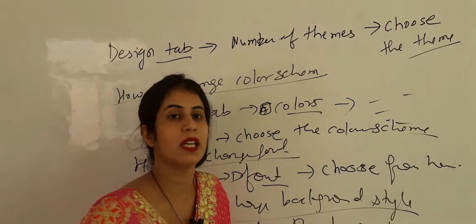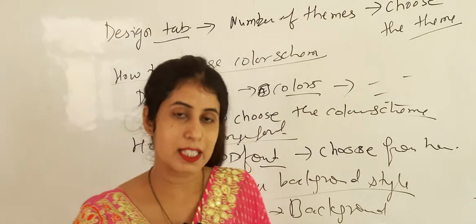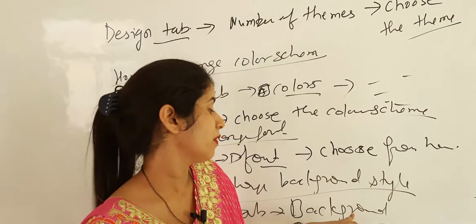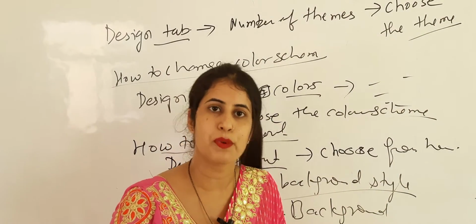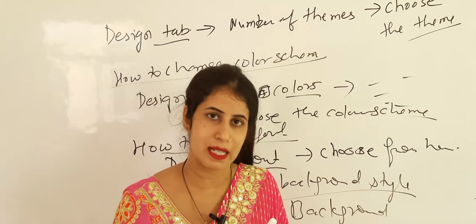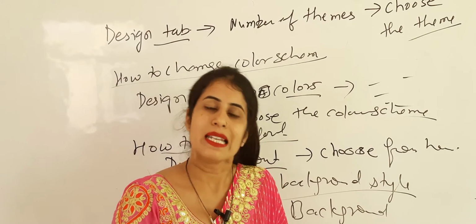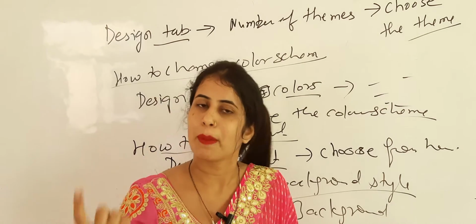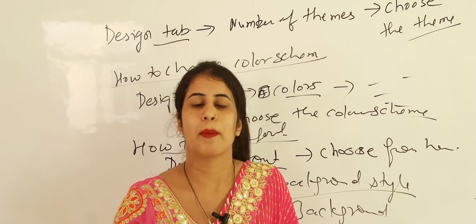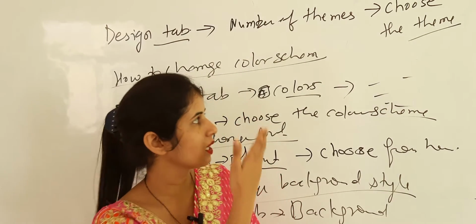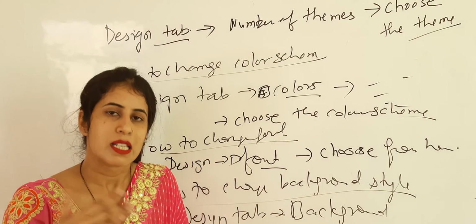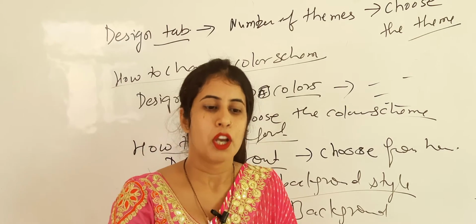When we click on this Background option, we will see background styles there. Easily we can choose any of the background styles and it will be applied to our slide. So these were the topics that we have studied in our previous videos.